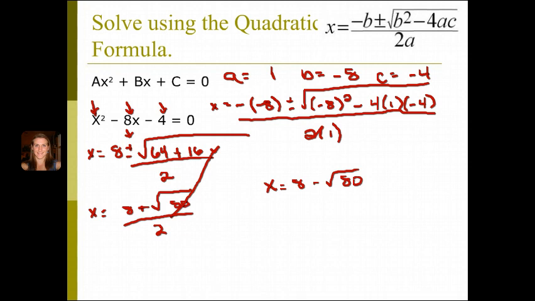When you're plugging this into the calculator, you need to do everything in the numerator first and hit enter, and then divide that answer by 2, and you will get that x equals negative 0.47 and x equals 8.47.